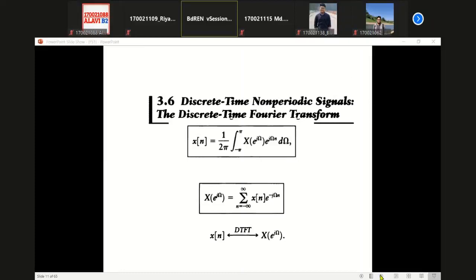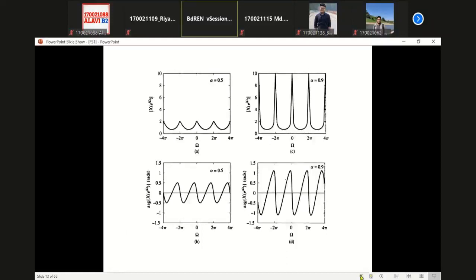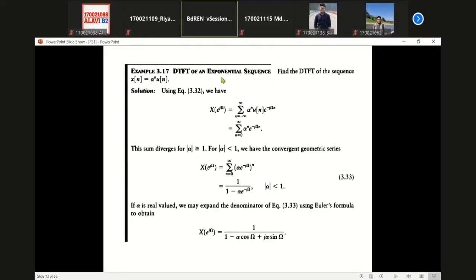Let us illustrate the thing by using some examples. Consider a sequence x[n] equal to alpha to the power n u[n]. Using this example, many of the important issues will be resolved, so try to listen carefully.